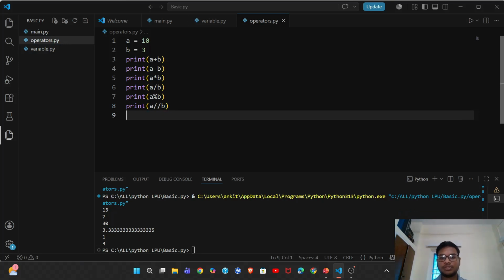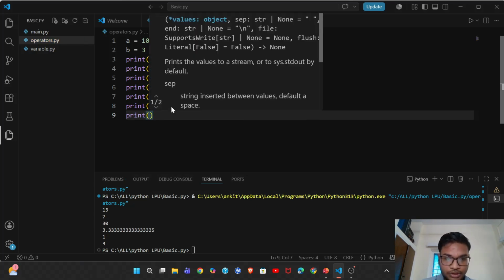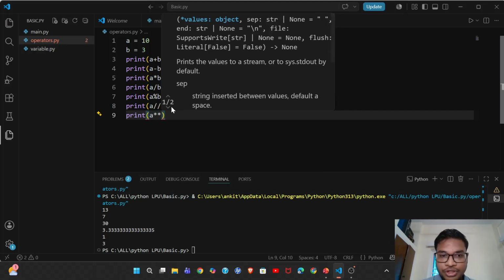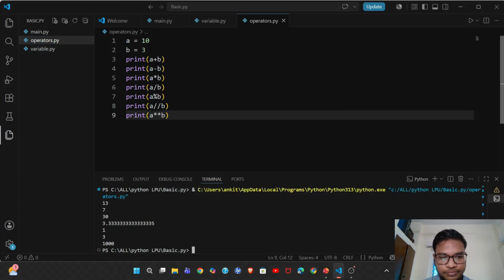And the main thing is the power, the exponent. So print a exponent b, which means a to the power b. The value is 1000. So this is all about arithmetic operators, and we will discuss all types of arithmetic operators here.